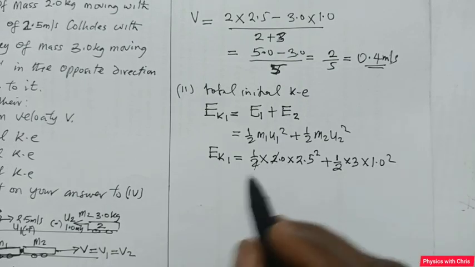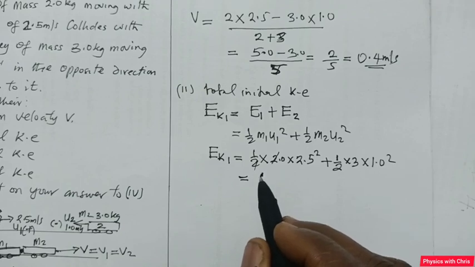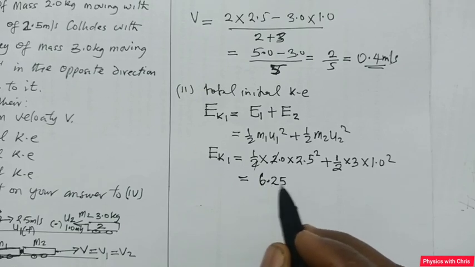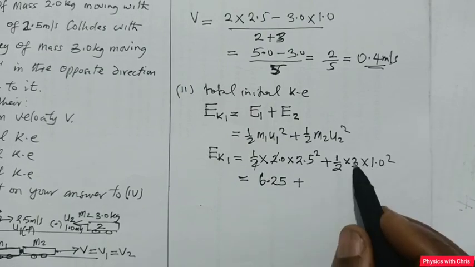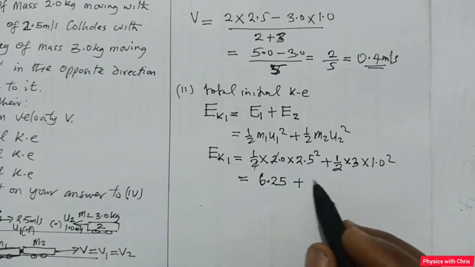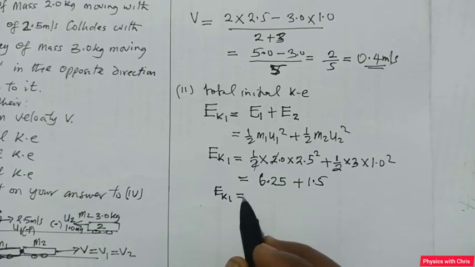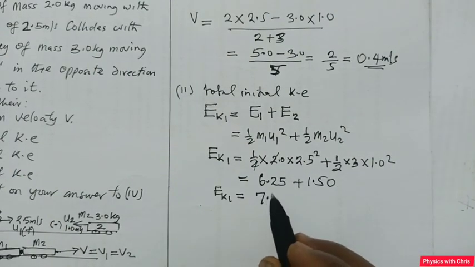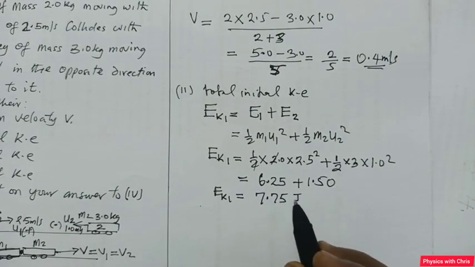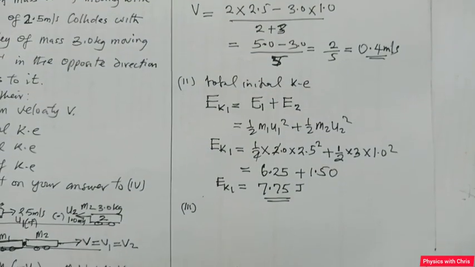So that gives me 2, cancel these two. 2.5 squared gives me 6.25. Can confirm that. Plus this times this, 1 squared gives me 1. Half of this gives me 1.5. So my total initial K of the two trolleys is going to be 1.5 plus this, that gives me 7.75 joules.